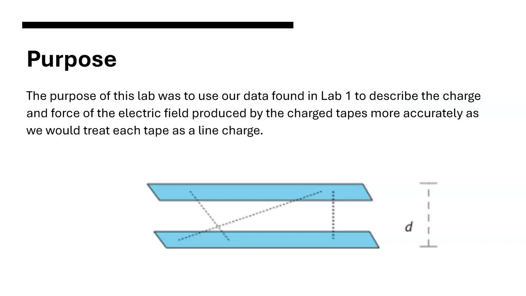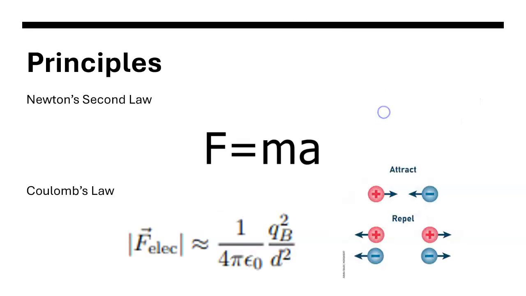So the purpose of this lab was to use our data found in Lab 1 to describe the charge and forces of the electric field produced by each charge tape more accurately, as now we would treat them as a line charge instead of a point charge. The principles of this lab are similar to those of Lab 1.